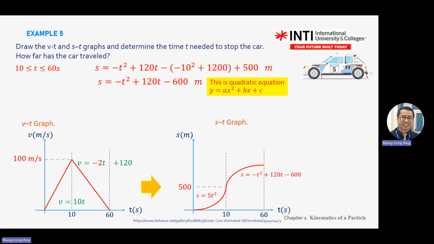This is from 10 to 60, not 0 to 60. 0 to 60 means you're assuming this whole curve starts from here. So just be careful on that. That will be the careless mistake also. So when t equal to 60, your S will be 3000 meter per second.